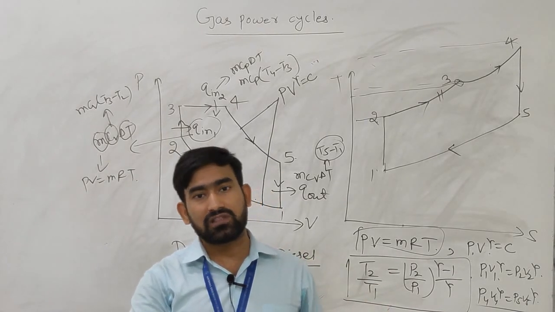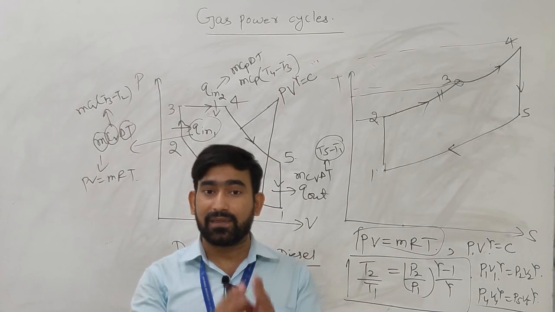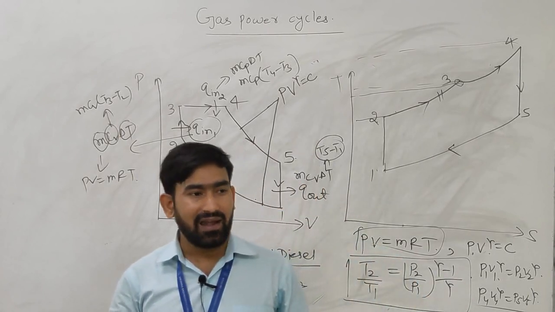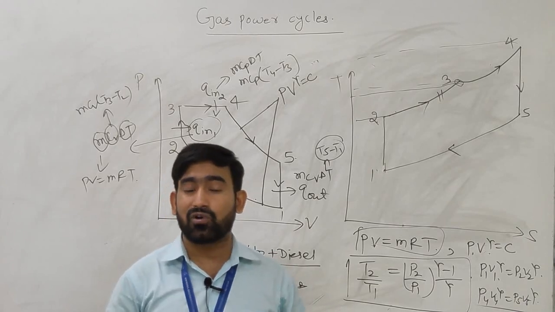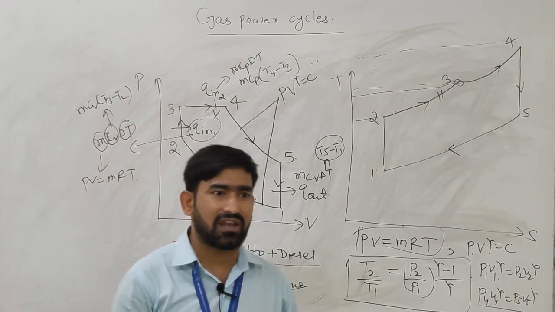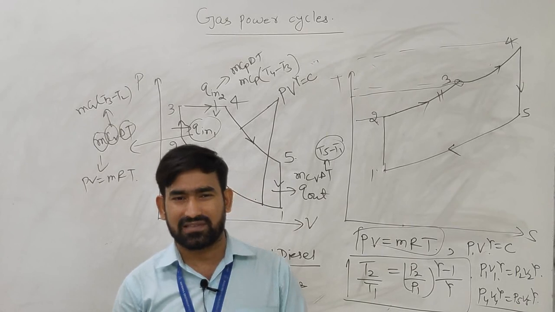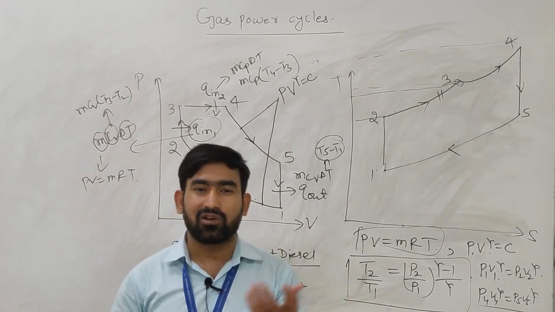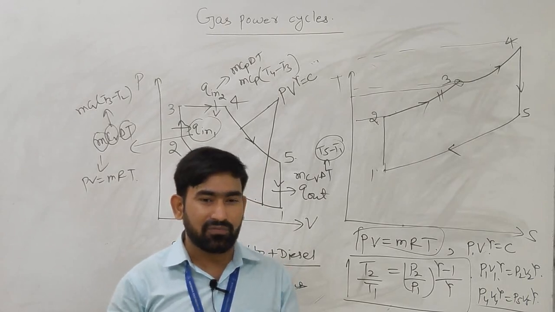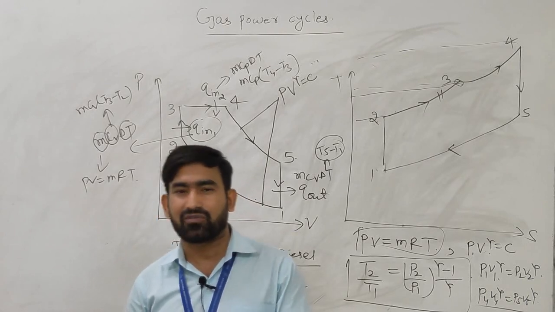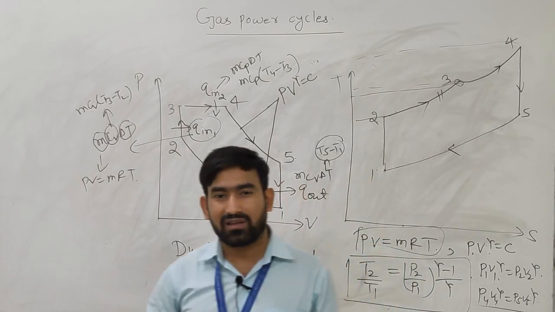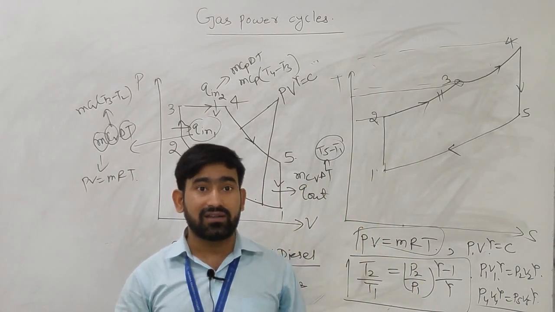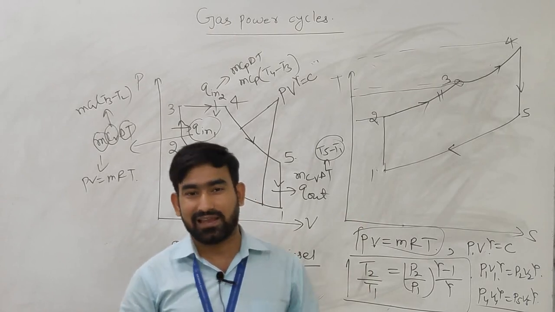So with the help of all these PV and TS diagrams, we will be able to draw all the gas power cycles, and in gas power cycles we can analyze all the values with the help of the first law and second law of thermodynamics. We can find the temperature and pressure at all the salient points, and with the help of temperature and pressure we can calculate Q in or Q out, and again we will come to a point where we can calculate the efficiency for each cycle.